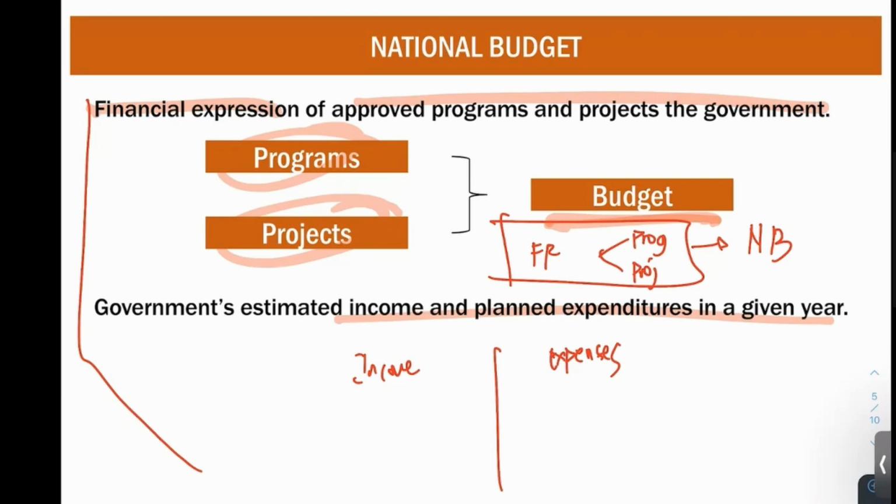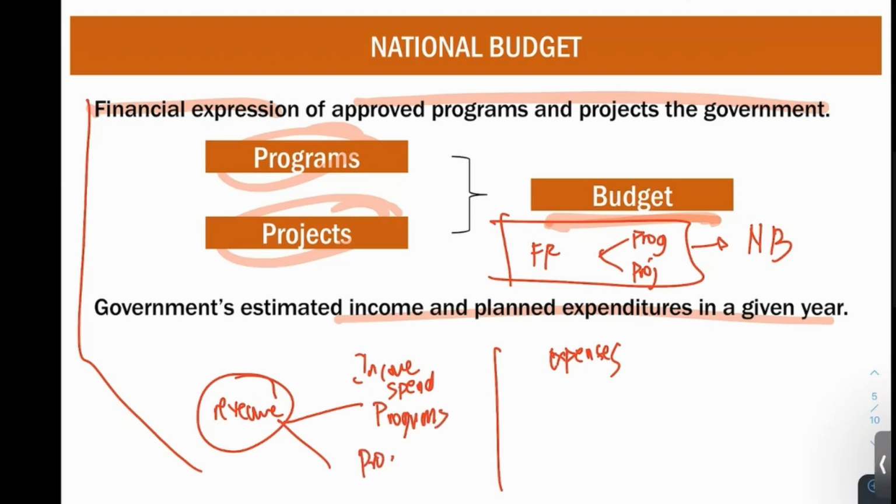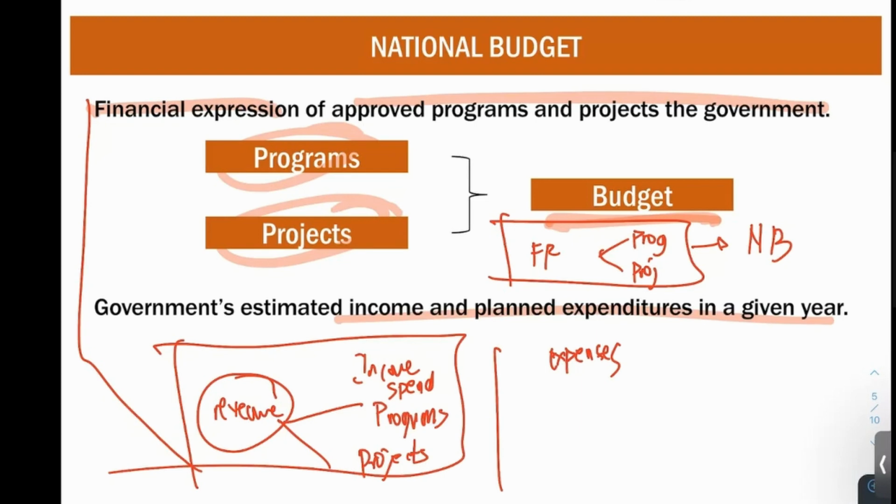When we say government plans, how do we spend the revenue we incurred on its programs and projects? So here, we look into the revenue of the government, and based on the revenue of the government, we will now spend it on your programs and projects. So that, my friends, is the definition of your national budget.